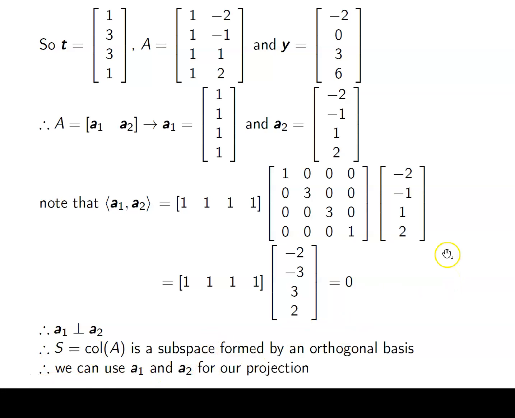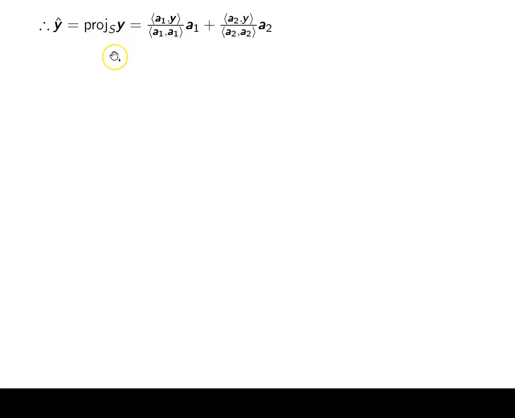So y hat is equal to this projection because it is an inner product space. This projection is just a projection of its components: inner product of A1 with y over the norm of A1 squared times A1, same thing with A2. This is just our formula for projection of a vector onto a subspace, and so I just need to find all these pieces.